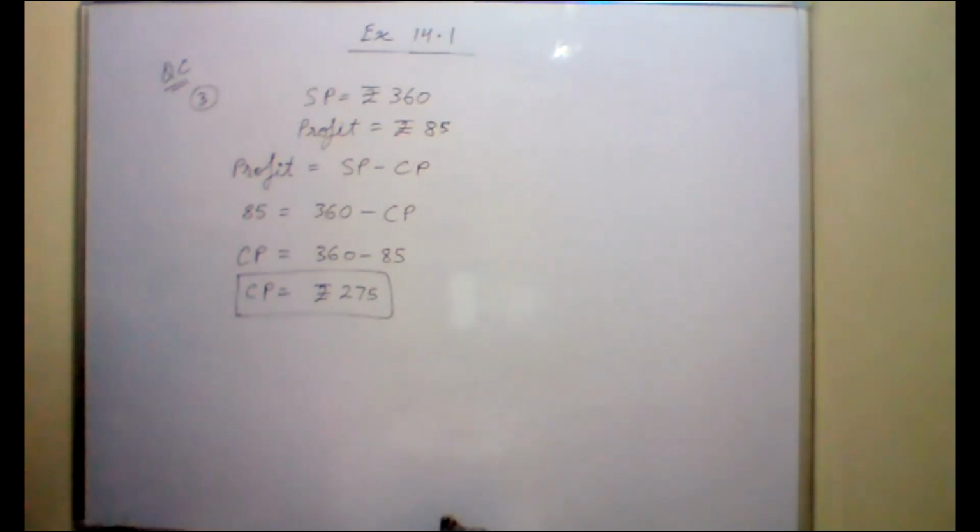Because he bought it for 200 and then he had to spend rupees 100 for the repairing. So that was extra money spent by him. So the total cost price ultimately he had to spend was 300 rupees. And then when he sold it, he got 300 rupees back. So there was no profit, no loss.